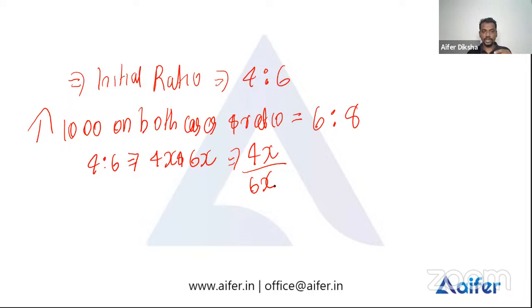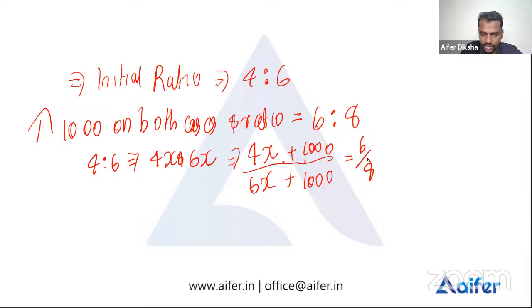As per the question, 1,000 is increased in both cases. So we'll write it as 4x plus 1,000 by 6x plus 1,000. That is 6:8, so we have 6 by 8.